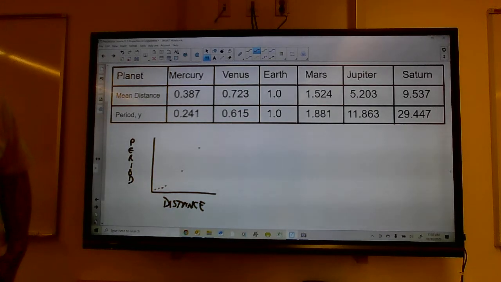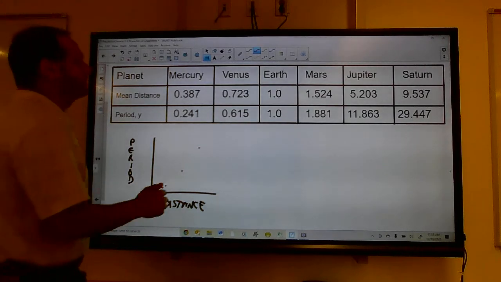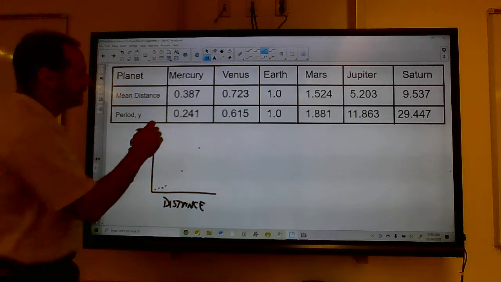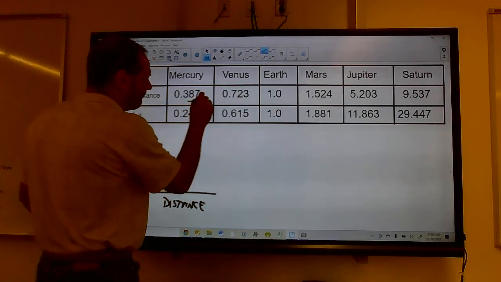Okay. Now, it's not very clear how the equation relates an x and a y. But here's what you can do, is you can take the natural log of all the x and y values in this graph. So if I take the natural log of 0.387, I get negative 0.949.